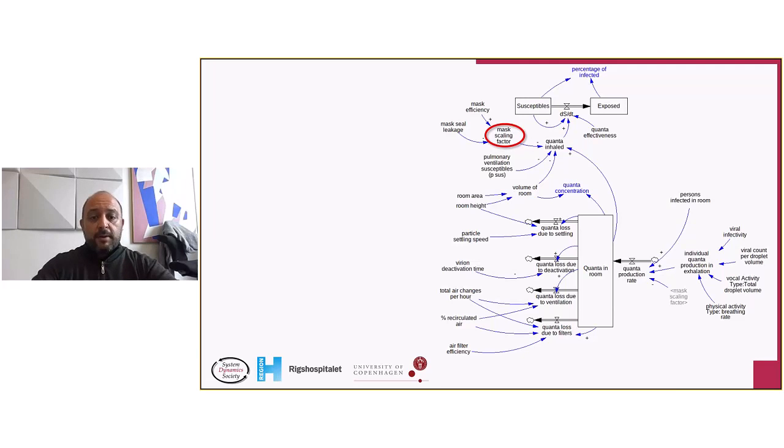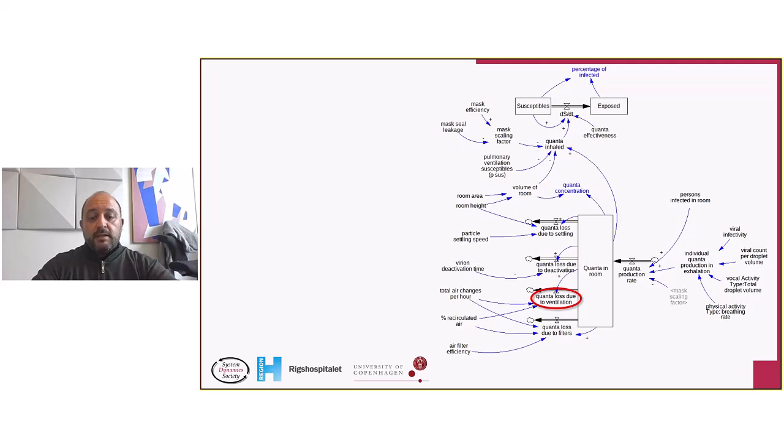However, this quanta stock in the room can also decrease as a result of a number of factors. In our model, we have the 4 most important factors according to multiple published sources. First is the quanta losses due to particles settling on surfaces as a result of gravity. Then the quanta losses due to particle deactivation, natural half-life, or ultraviolet light degradation, for example.